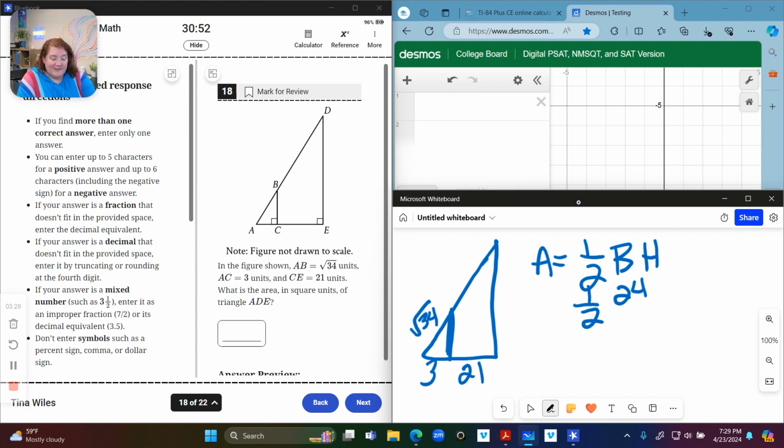So I'm going to look at this small triangle, and I'm going to do 3 squared plus b squared equals the square root of 34 squared.